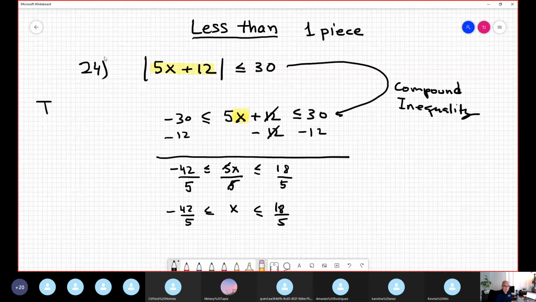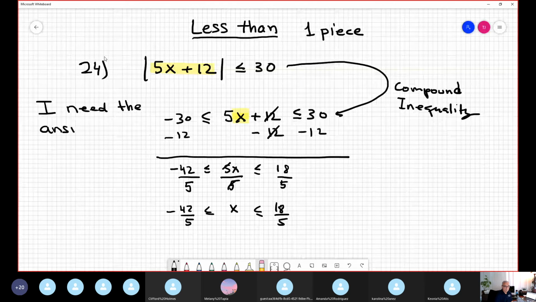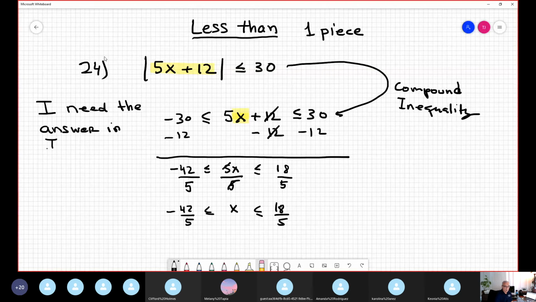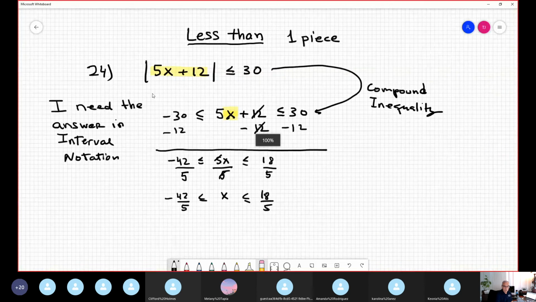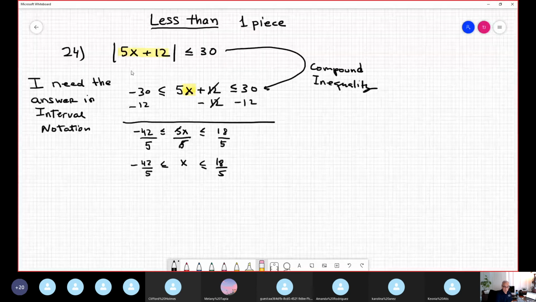I need the answer in interval notation. And remember, interval notation is the notation in which you put a parenthesis or bracket, depending on whether it's an equal sign or not, and you separate the quantities by a comma.